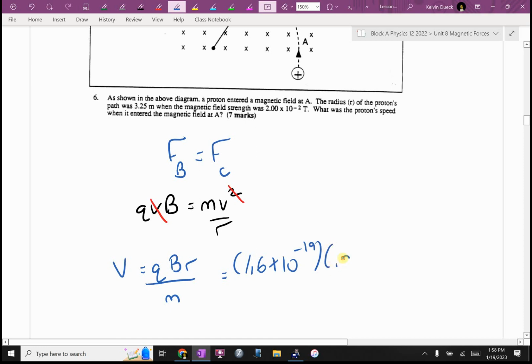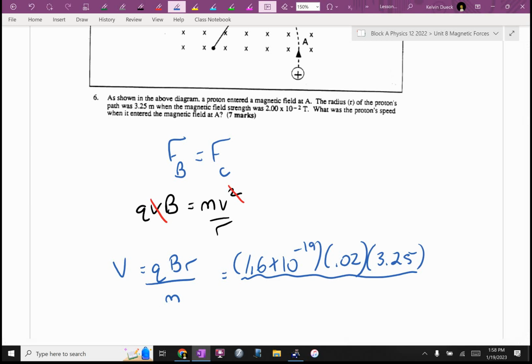That's 0.02, which is less typing and less writing, so I'll write it that way. R, 3.25. M, it's a proton. I know it's 1.67, but I can never remember the negative 27.